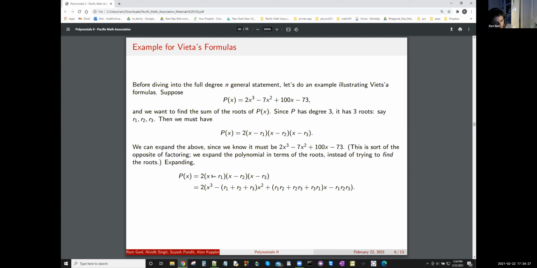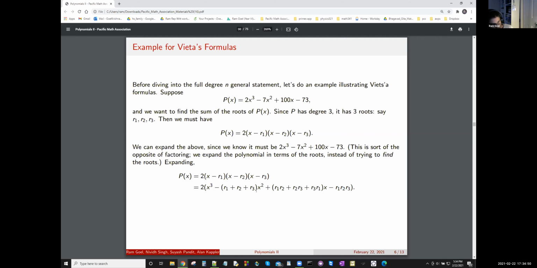In order to get the constant term of the polynomial, for example, you have to choose negative r1 times negative r2 times negative r3 in the expansion of x plus negative r1 times x plus negative r2 times x plus negative r3. And that's why we have a minus r1 r2 r3. That's just an example of why this expansion makes sense.